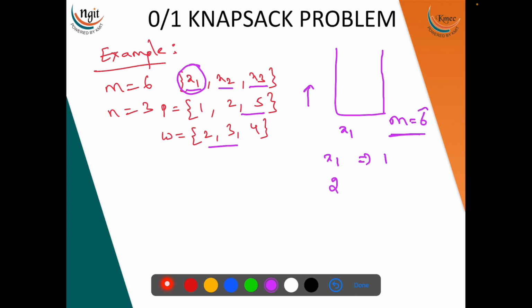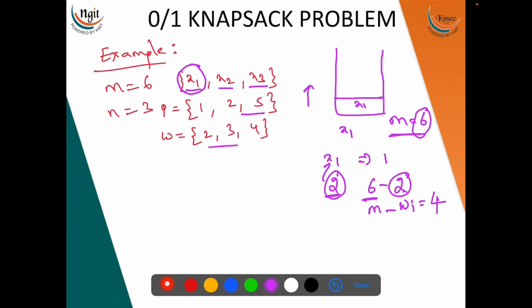The total capacity of the bag is 6, and I am utilizing only 2, so 4 capacity is still left. That is 6 minus 2, where 6 is M and 2 is the weight of the particular item, Wi. So M is 6, Wi is 2, and still 4 weight I can utilize for the next object. So I am placing x1 in the container.